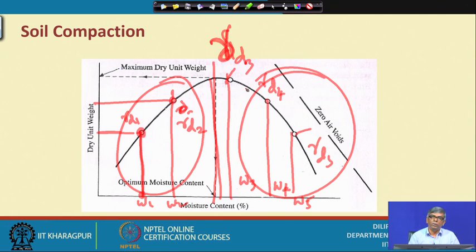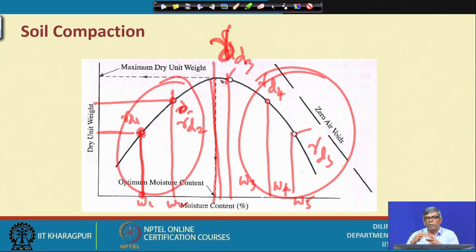During the test, I find the bulk unit weight in a particular volume, compacting the soil with a particular energy. Initially the bulk unit weight increases with addition of water, reaches a maximum, and then drops.